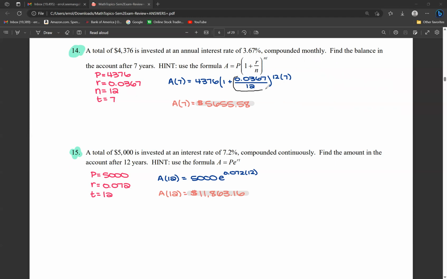Do this part first, then add that to 1. This is a small number, right? Now take 1 plus that small number, and raise that to 84. Sorry, my bad, 12 times 7 is 84. Use this button and raise it to 84, since 12 times 7 is 84. Then multiply that by the 4376.